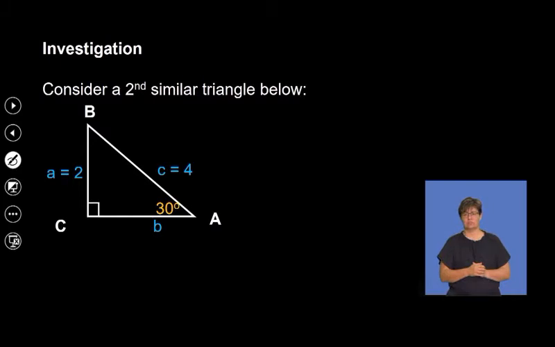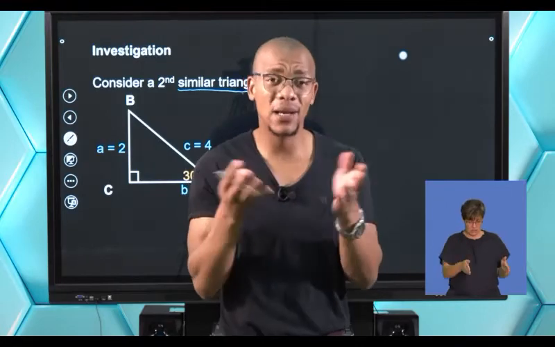Also, let's look at a second similar triangle. Quickly, let's do a recap of what similar triangles are about. Remember, similar triangles are when sides are in proportion, meaning for us to get a side from this triangle to the other triangle, we will be multiplying or dividing by the same value.